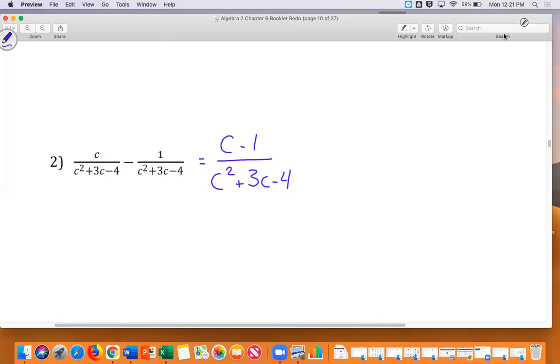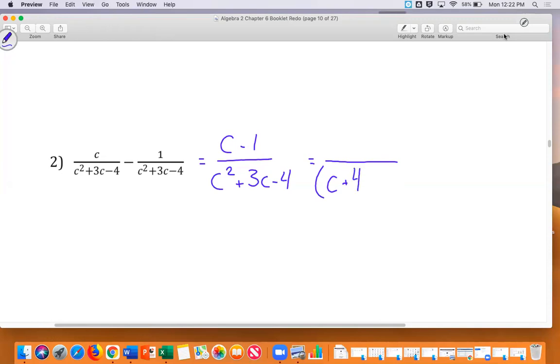Hannah, can we factor C squared plus 3C minus 4? Don't worry about the numerator. Can I factor the denominator? What are the factors of -4 that add up to 3? 3 and -1, or -3 and 1. But remember, it has to add up to what? Well, it also has to multiply to give me -4, right?